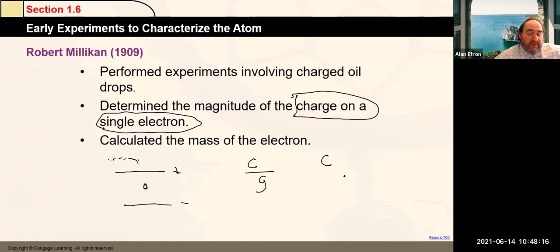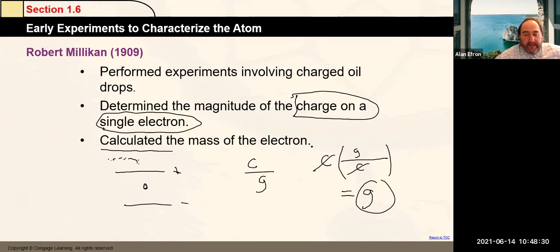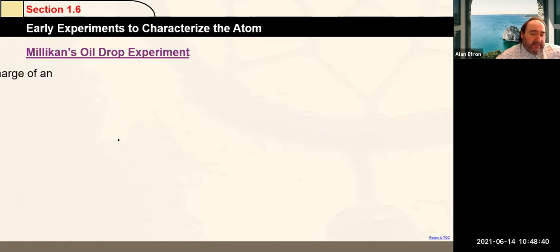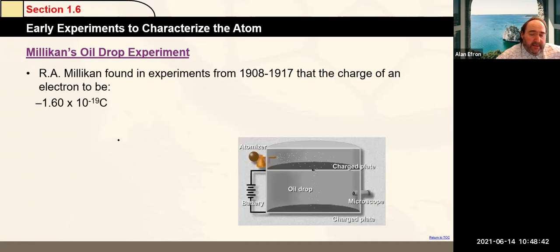So if you take both of those values and divide, the charge of an electron would cancel out, and from those two important experiments, the mass of an actual electron was able to be determined. By the way, the charge he found there was minus 1.6 times 10 to the minus 19 coulombs.